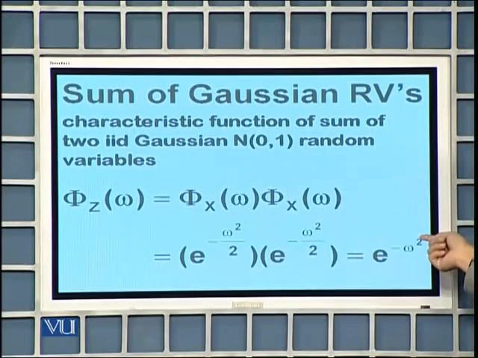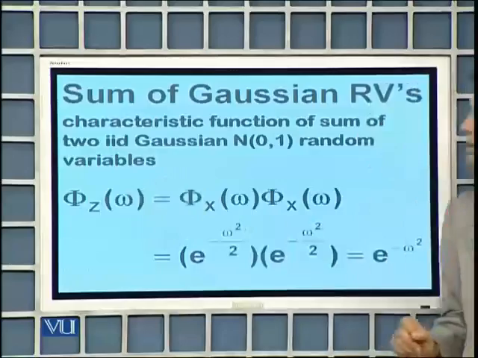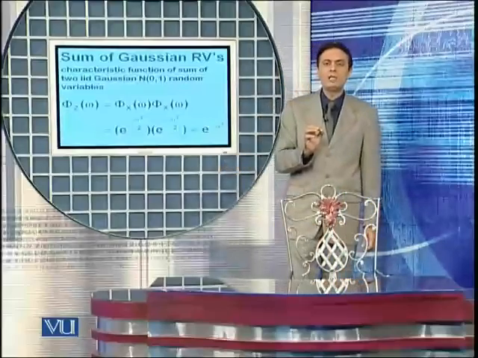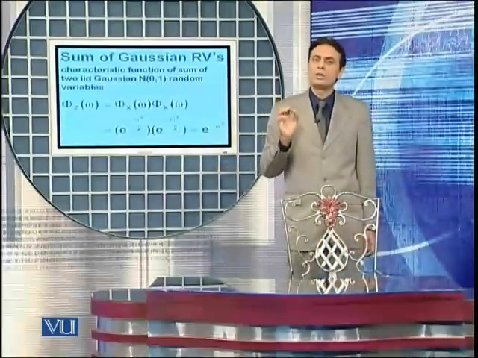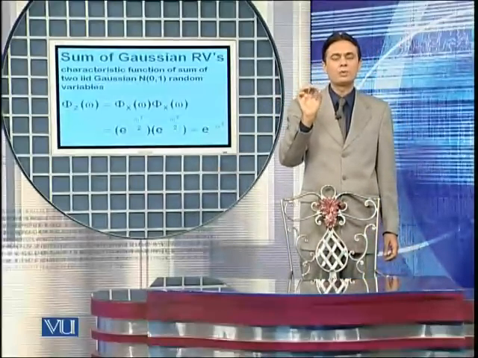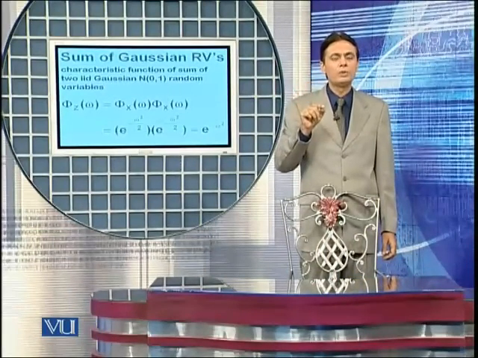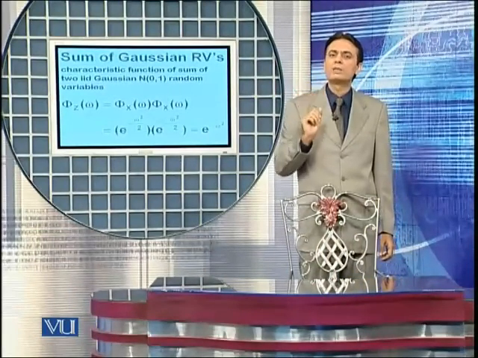This characteristic function of the sum of x and x, which is z, has the same shape as the characteristic function of x. Instead of e raised to power minus omega square over 2, we have 2 times omega square over 2, or simply minus omega square.